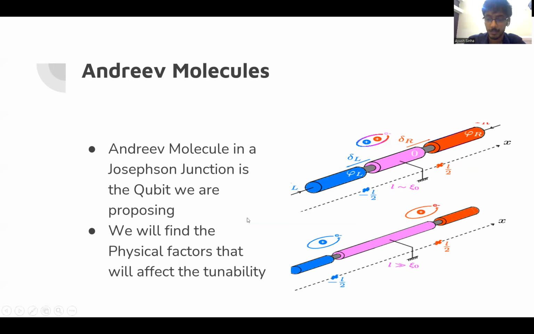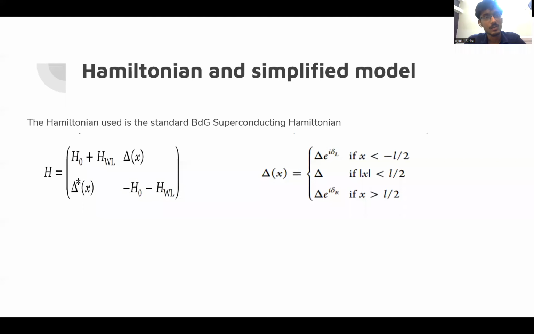So now let's understand the method. Here, the Hamiltonian uses the standard Bogoliubov degenerate superconducting Hamiltonian. So H0 is the free Hamiltonian, and HWL is the so-called tunneling potential in between the superconductors, and delta X is the superconducting gap.